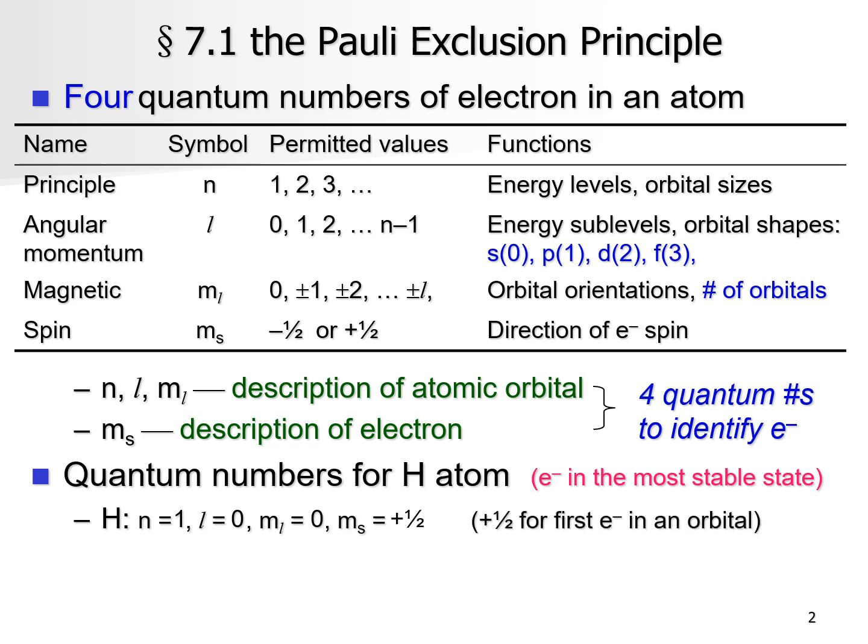And for the first electron, we give it positive 1/2 by default. That's it. That is it for us to identify the only electron in the hydrogen atom with these four quantum numbers as a set.